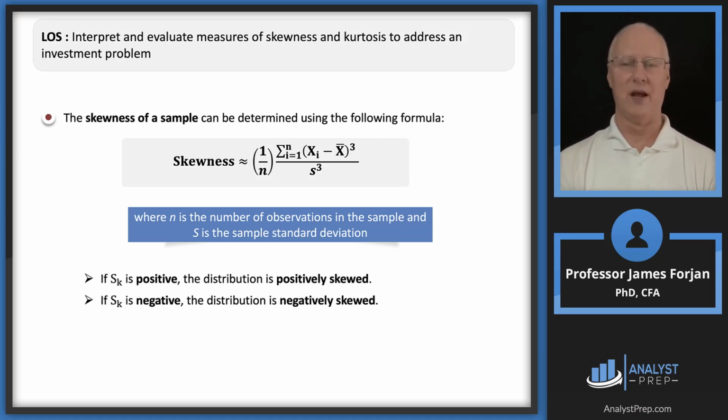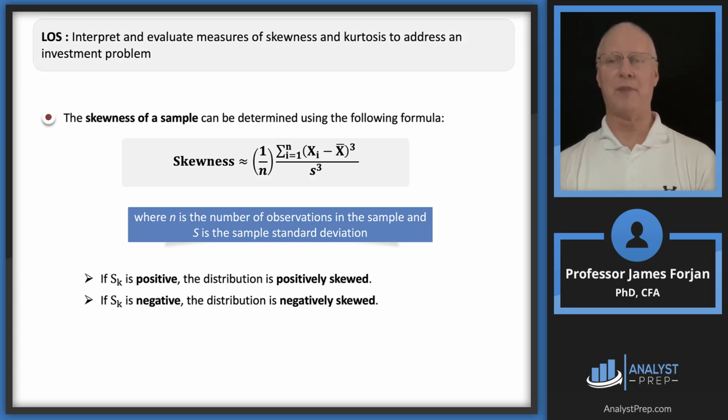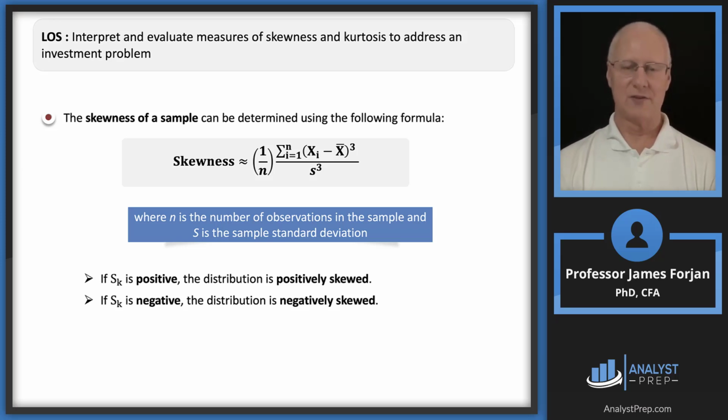See the numerator there: x sub i minus x bar, raised to the third power. And instead of dividing by, what did we do back in the sample standard deviation? We divided by n minus 1. We're going to divide by the sample standard deviation cubed. So these are lots and lots of calculations. You can do these so easily in Excel.